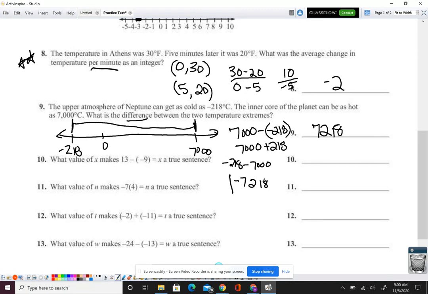So we have to take the absolute value of it to get that positive 7,218. So if I'm looking for the difference between two things, the difference between two things is always going to be positive.